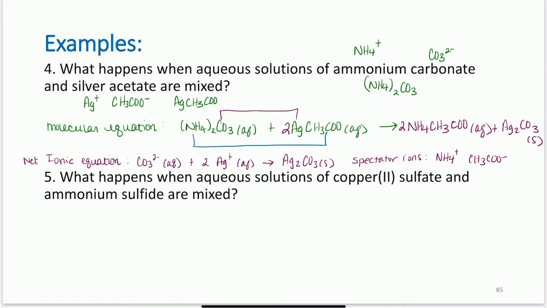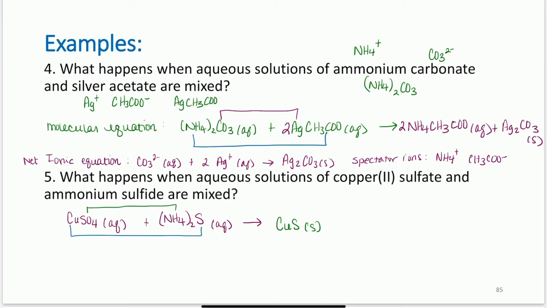What about if we mix aqueous solutions of copper 2 sulfate and ammonium sulfide? So copper 2 sulfate, CuSO4, that is aqueous. Ammonium sulfide, (NH4)2S. Sulfide is just S2-. That is also aqueous. Swap your ionic partners. So copper sulfide and ammonium sulfate. Copper sulfide is insoluble.